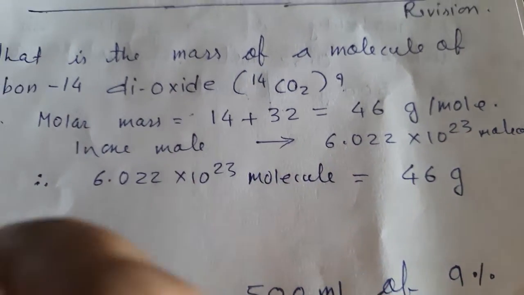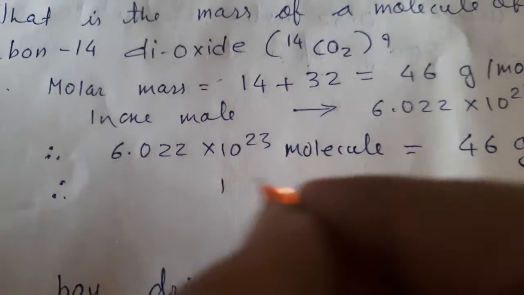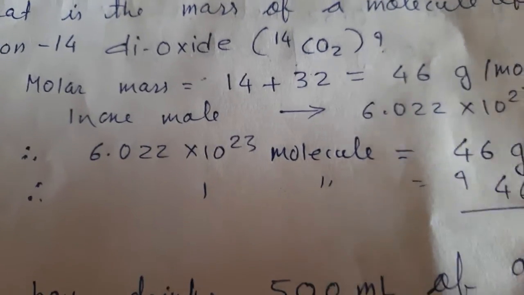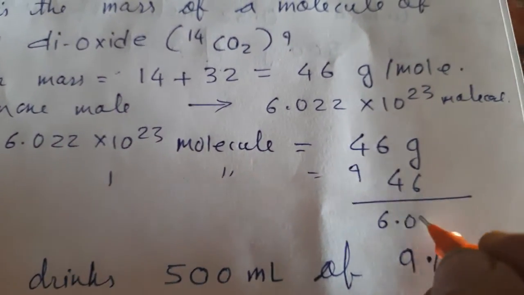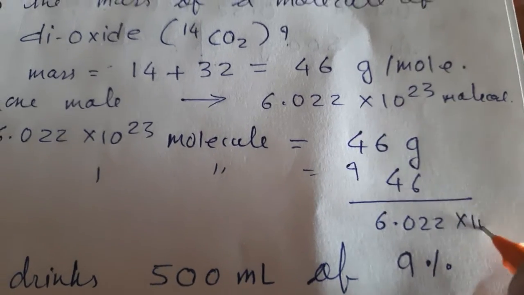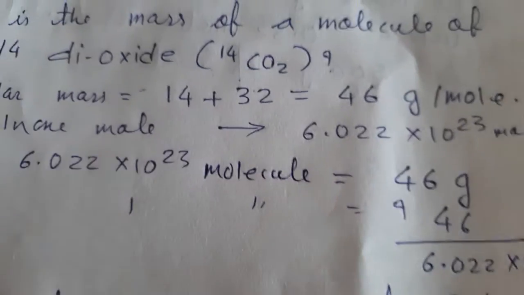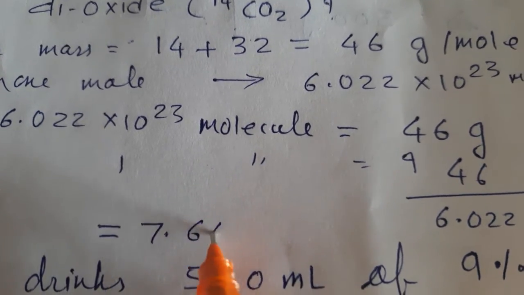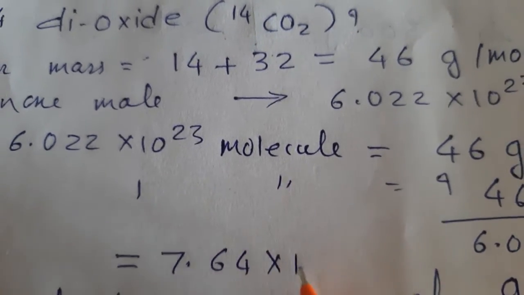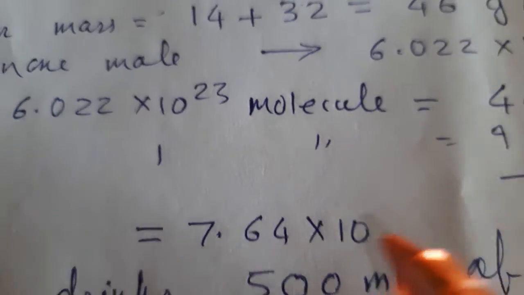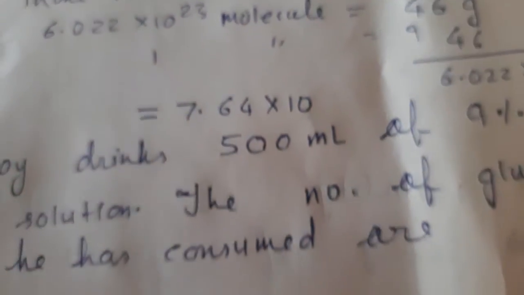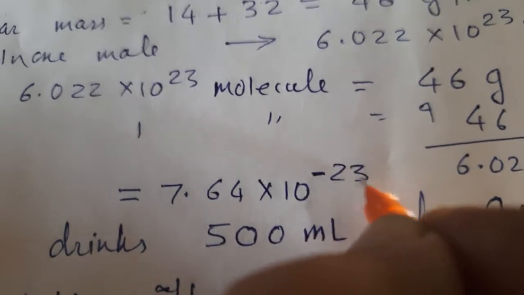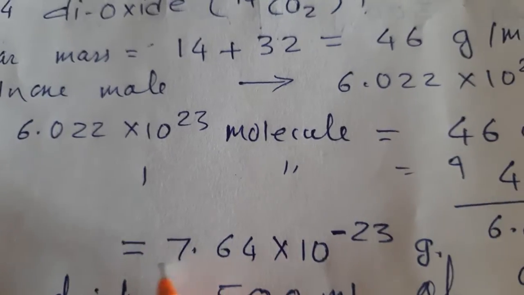Both are equal. Therefore, 1 molecule, how much? So 46 divided by 6.022 into 10 raised to power 23. So when you divide, it will become 7.64 into 10 raised to power minus 23 gram. This will be the answer.